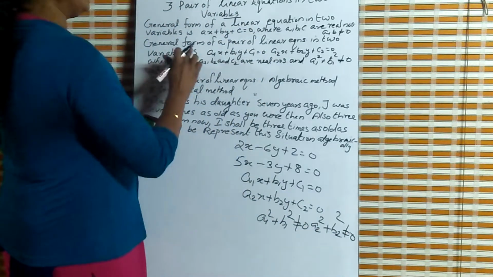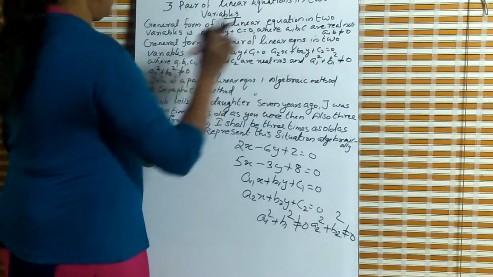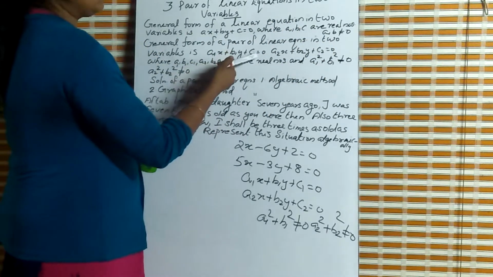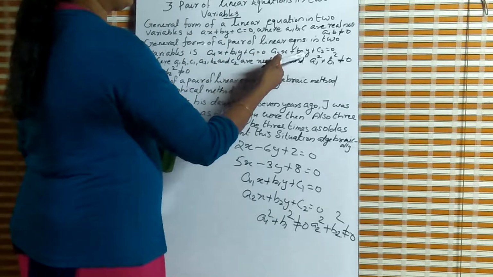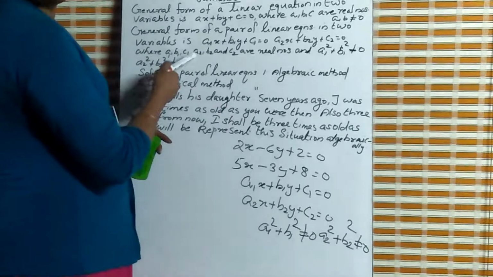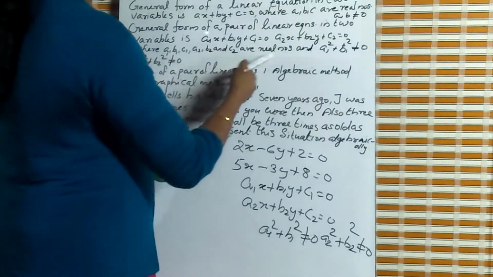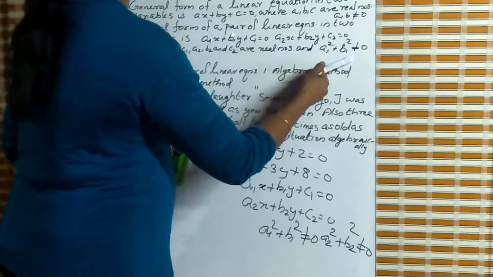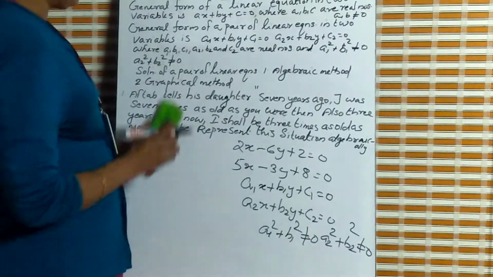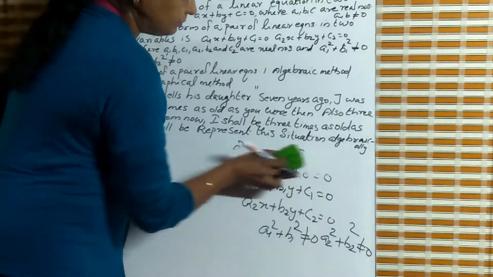Look here, the general form of a pair of linear equations in two variables is a1x plus b1y plus c1 is equal to 0 and a2x plus b2y plus c2 is equal to 0, where a1, b1, c1, a2, b2, c2 are real numbers and a1 square plus b1 square not equal to 0, a2 square plus b2 square not equal to 0.